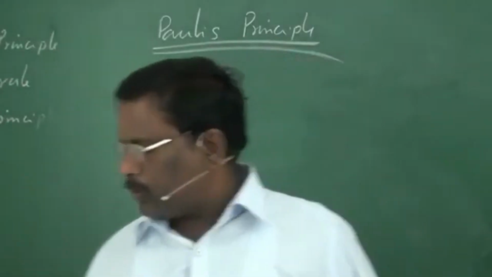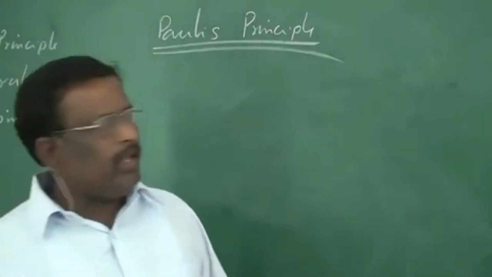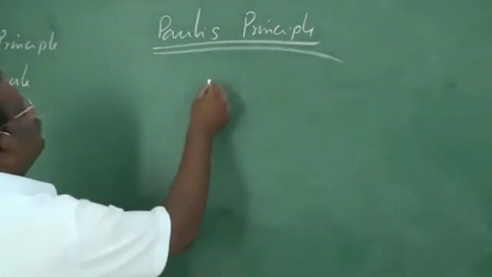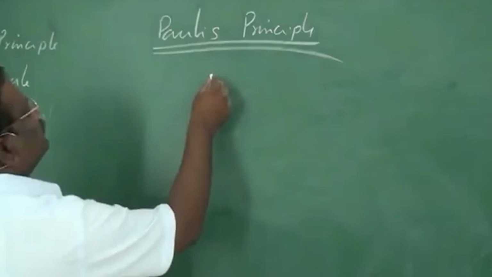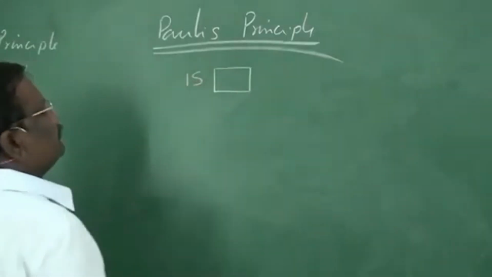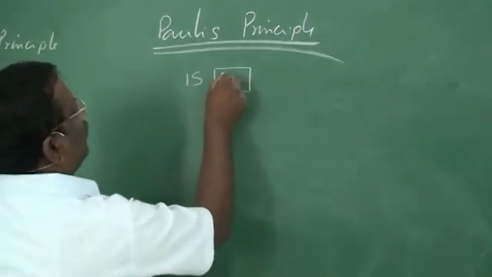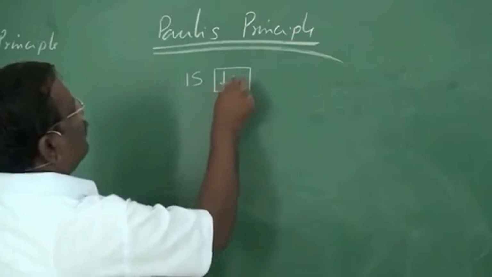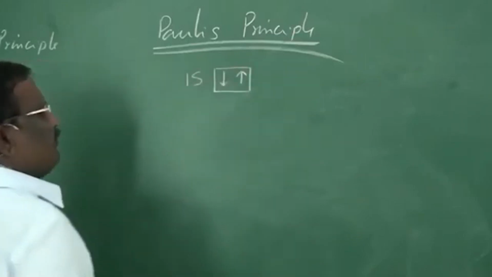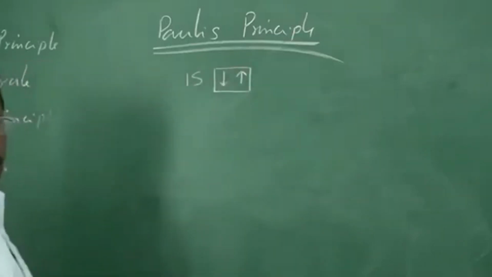Let us see how it is possible. This is the 1s orbital. In the 1s orbital, 2 electrons can be filled. Now let us write all the possible values for these 2 electrons.